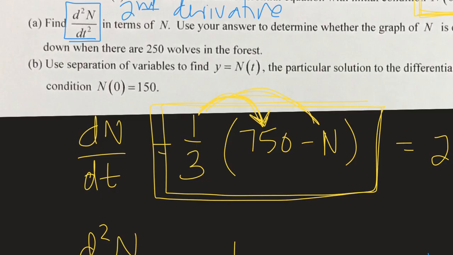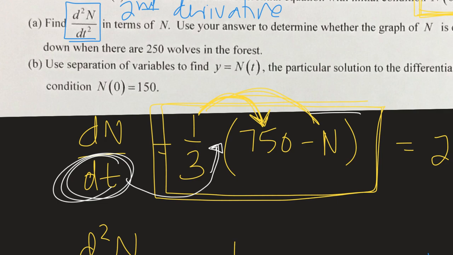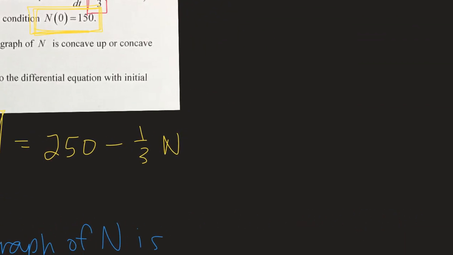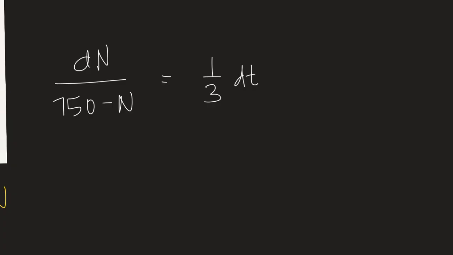We're going to bring the t to this side, 1/3 of t, and we're going to divide by 750 minus n. So we have dn over 750 minus n equals 1/3 of dt. So let's take the antiderivatives.